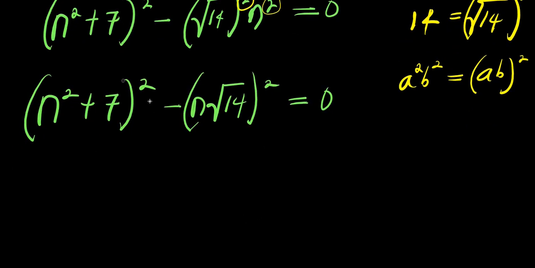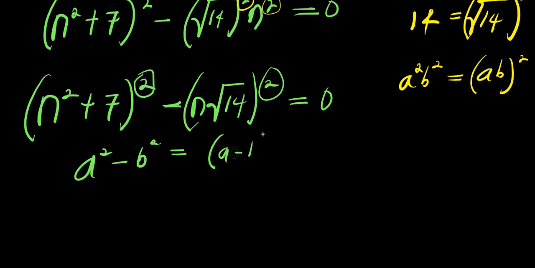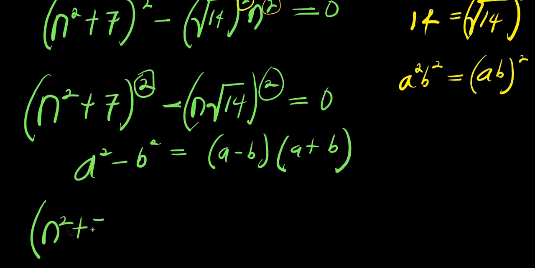So right now, there's power 2 here, there's power 2 here, and there's minus here. I can make use of this difference of two squares. a squared minus b squared is a minus b times a plus b. So we have n squared plus 7, that is a, minus b, which is n root 14.